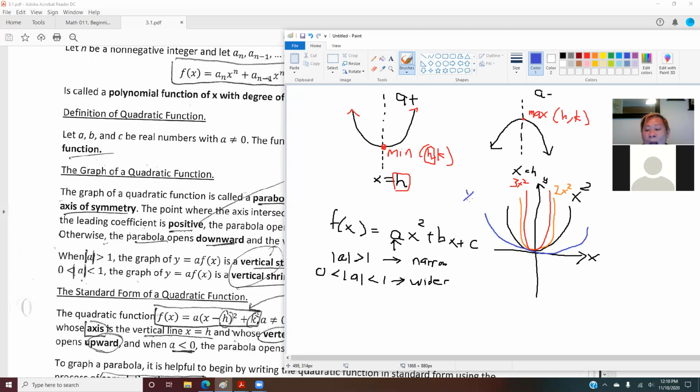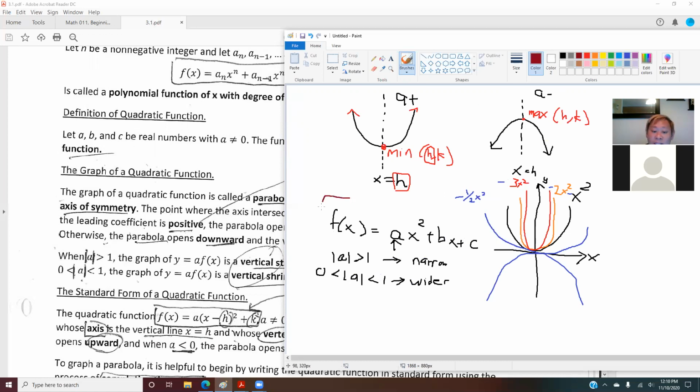Then you will get a wider parabola, because 1/2 is between 0 and 1. So that is the meaning of it. And the same thing happens when you put a negative in front of them. It looks exactly the same, but it's going upside down. So that is your quadratic function here.